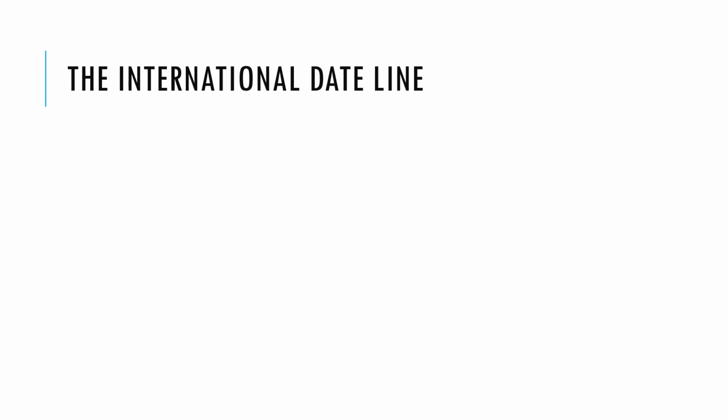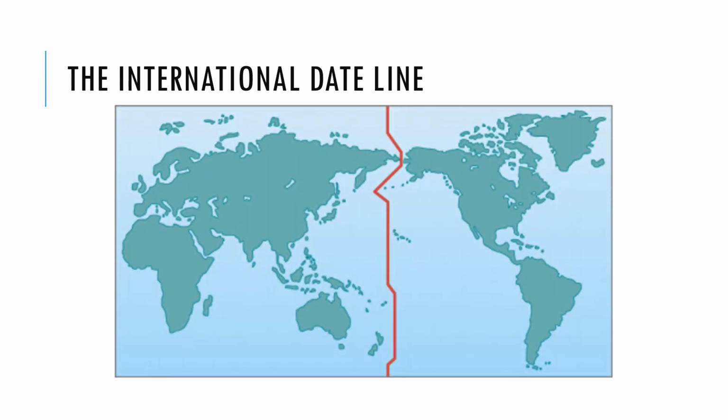The solution to this dilemma is the international date line, set by international agreement to run approximately along the 180 degrees meridian of longitude. The date line runs down the middle of the Pacific Ocean, although it jogs a bit in a few places to avoid cutting through groups of islands and through Alaska.